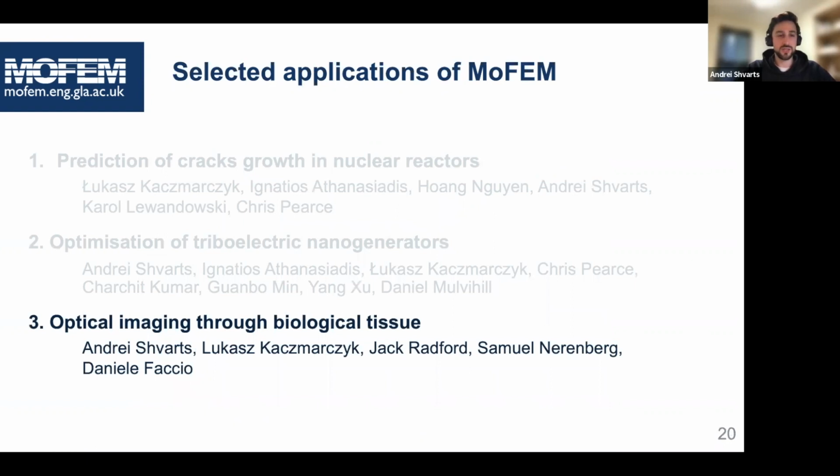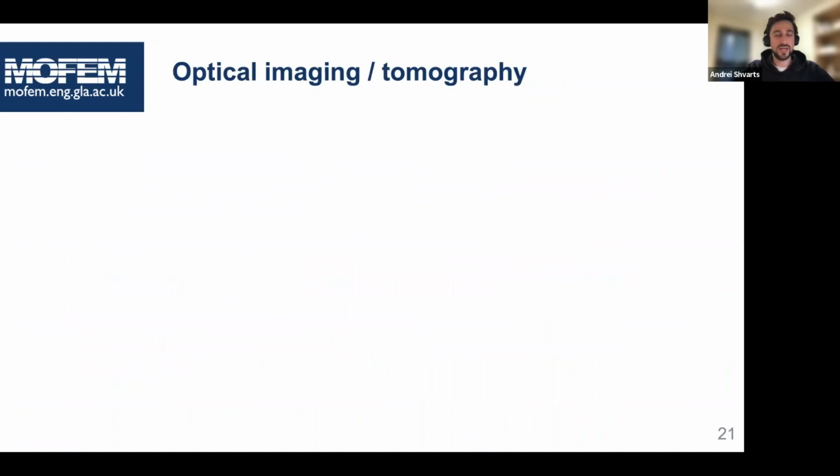And the last application of MoFEM that I wanted to show to you today is again from a completely different domain. It's about optical imaging through biological tissues. And again, I'm working with a group of my colleagues, collaborators in the university. The main idea behind this kind of application is optical imaging.